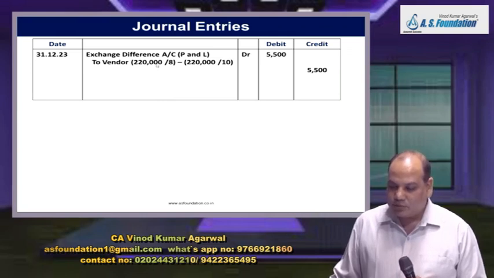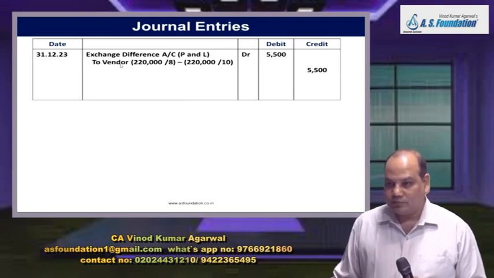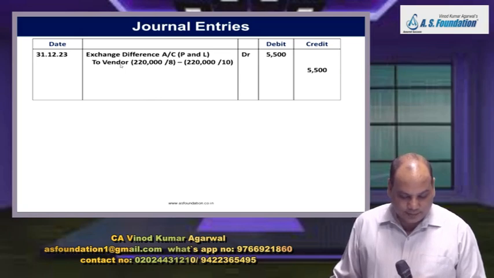So this is the value at closing rate. And when we had bought the machine, the rate was 10. So book value in the books of account is appearing at 2,20,000 divided by 10. Just check these two calculations and check the difference. Is it 5500? Yes. Vendor is a monetary item. That we will restate. Plant and machinery is a non-monetary item. And the question has specified that it is carried at historical cost. Yes.